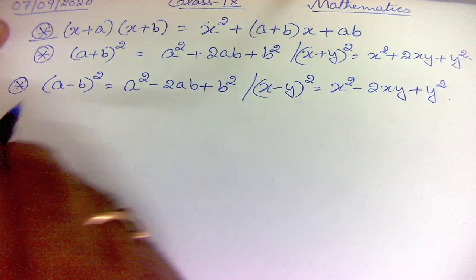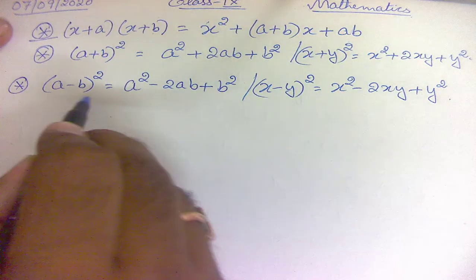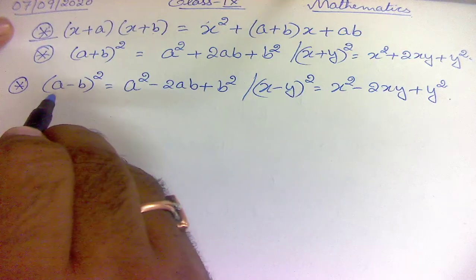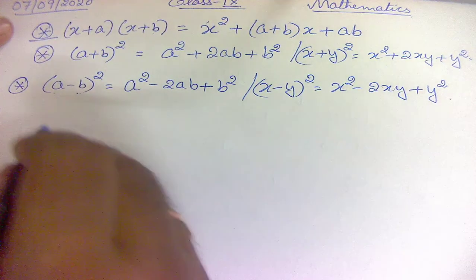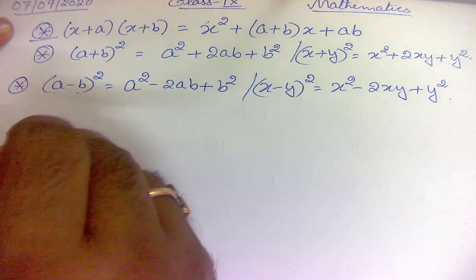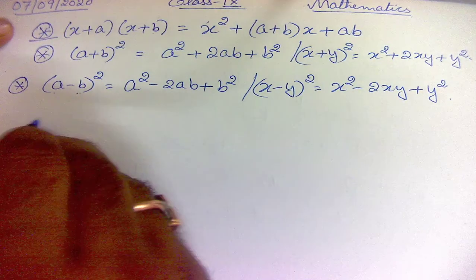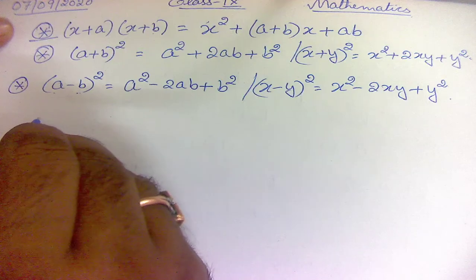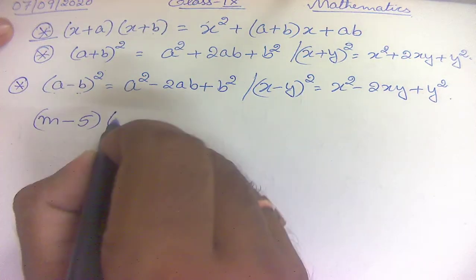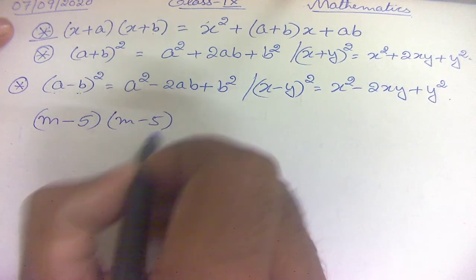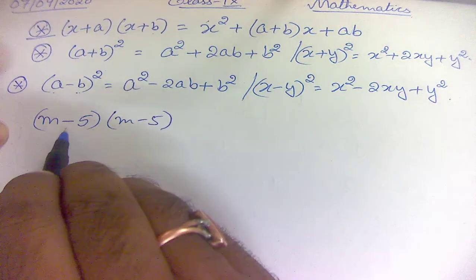Now this identity is used if you want to multiply two binomials which are the same, multiplying a binomial with itself. For example, suppose you need to multiply (m - 5) with (m - 5).